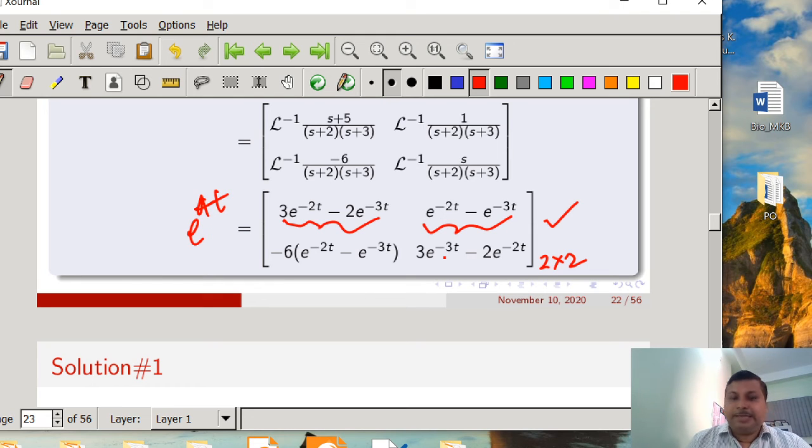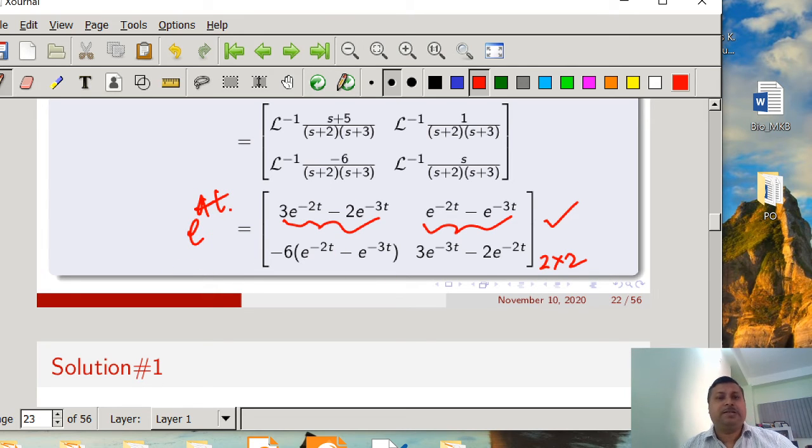The example we have taken has both real and distinct poles, and both poles are located at the left hand side, so that's why we got the expression of e to the power At like this. We will also take other examples where multiple poles are located, or the poles are located at the right hand side, and then you will see how the elements of e to the power At change.